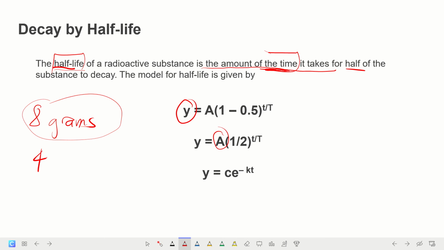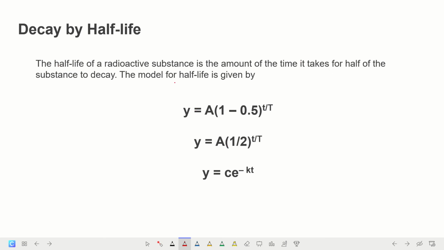Since we're talking about half-life, we're looking for the value where 50% of the original amount will be decayed. So therefore, original value minus 50% of the original value. We have the following models, or equations, which we can use to solve for the half-life.